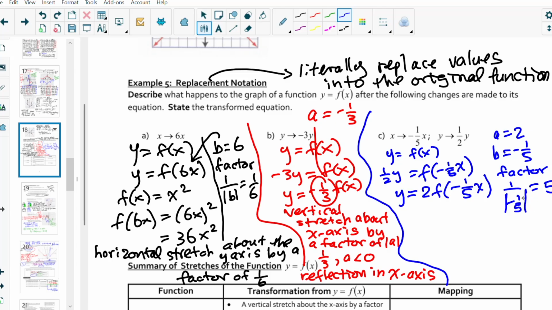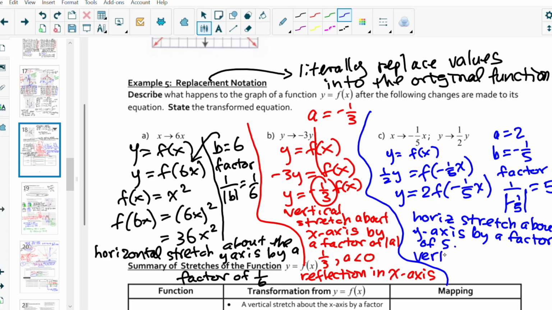Okay, so what happens here? This is a horizontal stretch about the y-axis by a factor of 5.